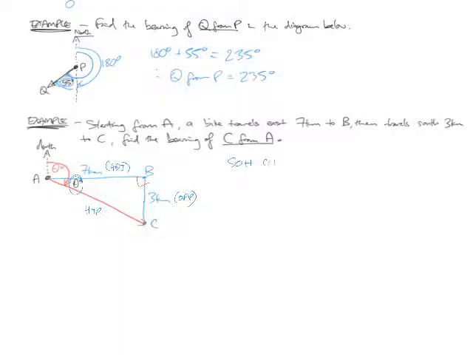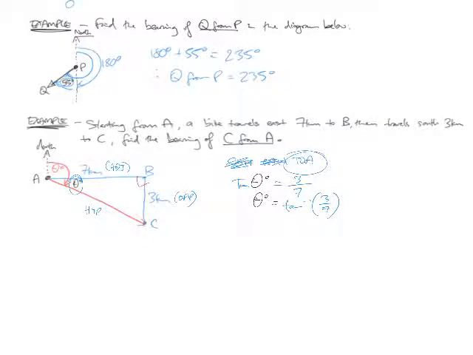So SOH CAH TOA. Which of these ratios involves the opposite and the adjacent? Not this, not this. So it's going to have to be tangent. Tan of the black theta, which we don't know yet, is going to be opposite over adjacent, 3 over 7. Now we want to work out what the angle is. We need to use the inverse tangent. So it's going to be tan^-1 of 3 on 7. Go onto the calculator, make sure you're in degrees mode.